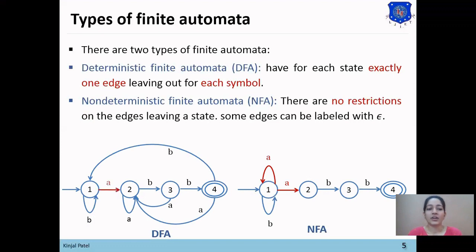There can be only one edge leaving out of state 1 for input symbol A. So DFA restricts our state from leaving out edges, and in NFA there is no restriction on the edges leaving out of states. And in NFA we can also draw some edges with label null.